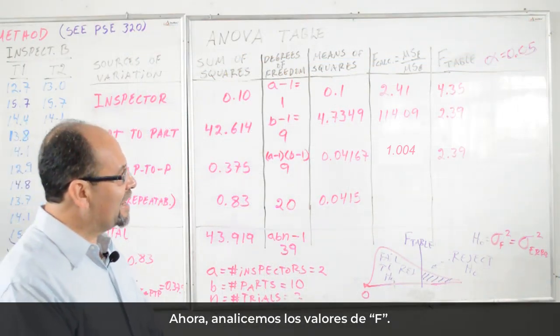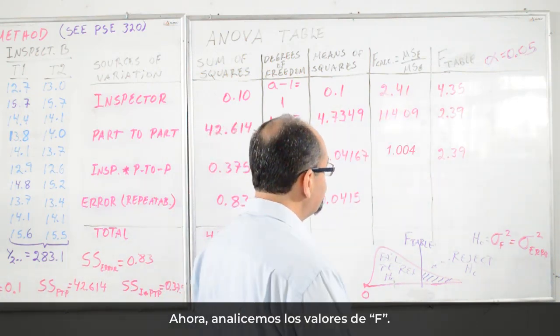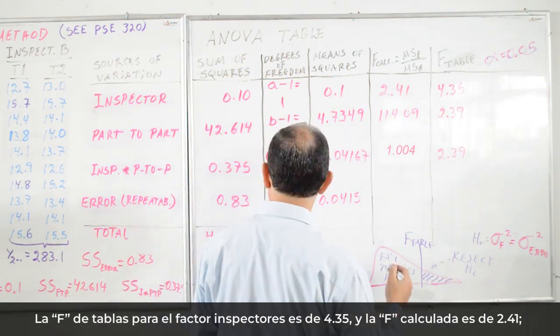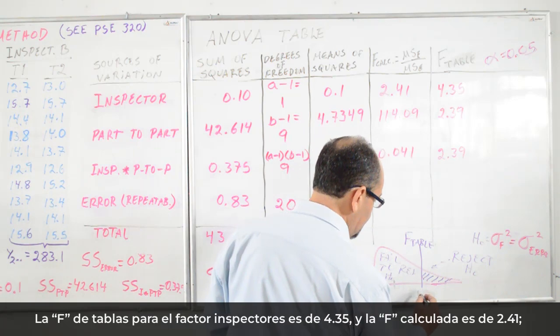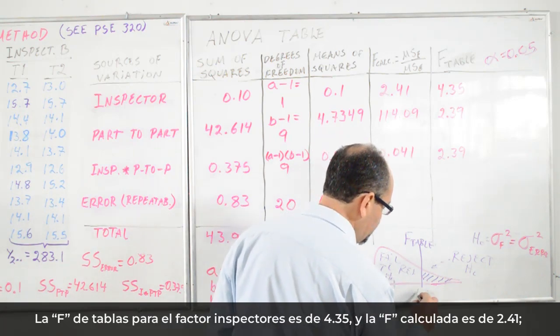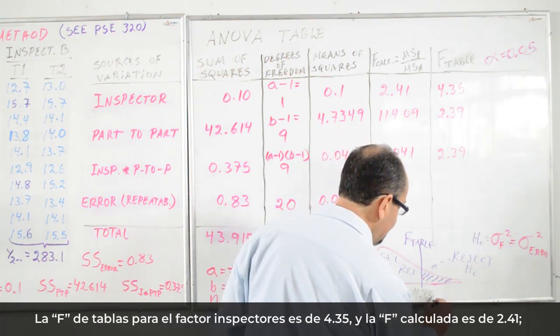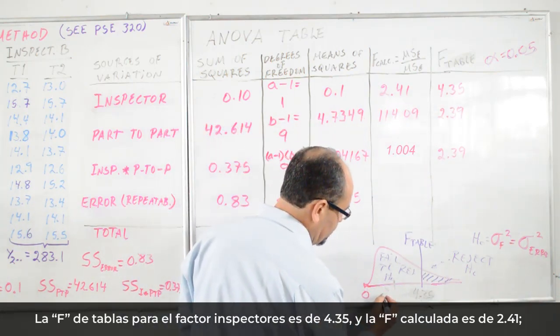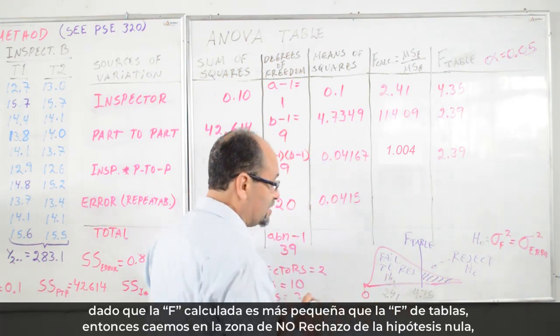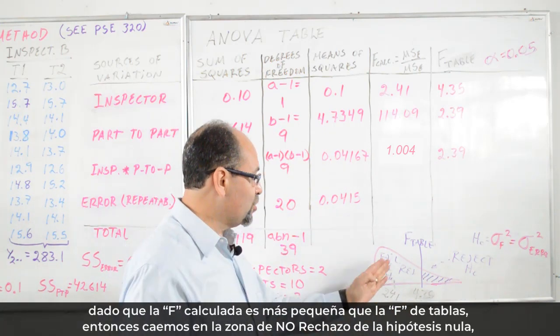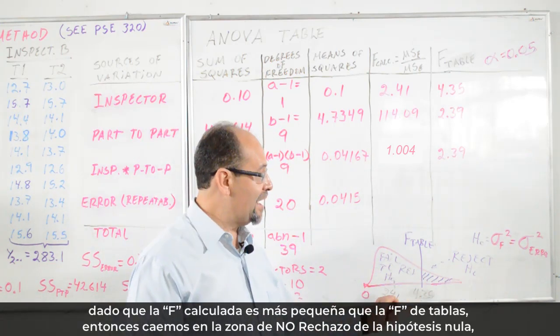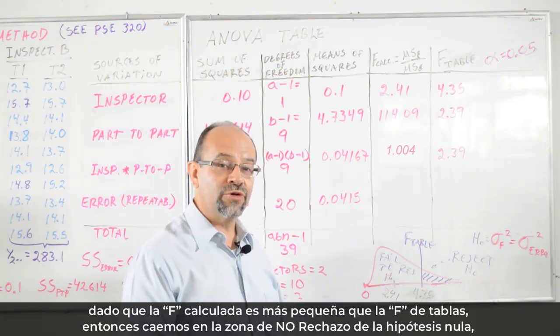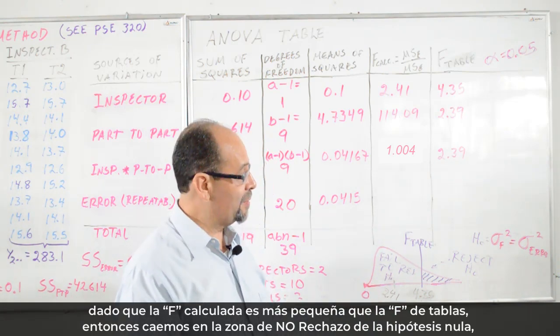Now let's analyze the F values. F from table for the inspector is 4.35, and the F calculated is 2.41. Since the F calculated is smaller than F from table, we are in the region of fail to reject the null hypothesis.